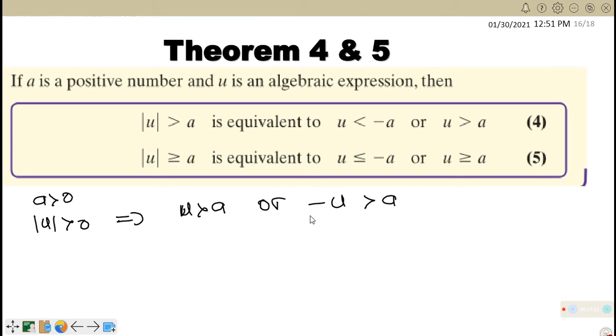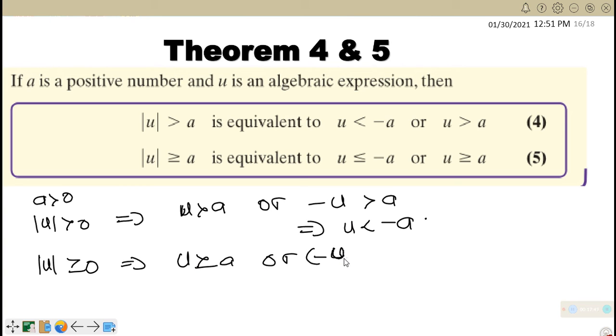Remember that u is always an algebraic expression, and if minus u is greater than a, automatically you have u less than minus a. And of course also if you have the slack inequality here, absolute value of u greater than or equal to a, it's the same thing as u greater than or equal to a or minus u greater than or equal to a, which is the same thing as u less than or equal to minus a, dividing both sides by minus.